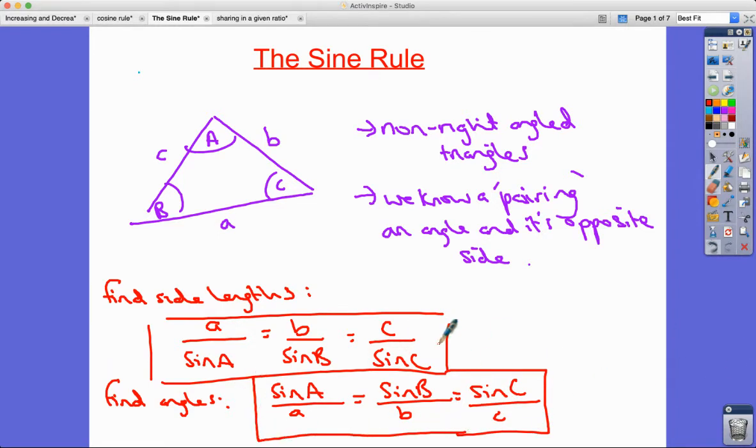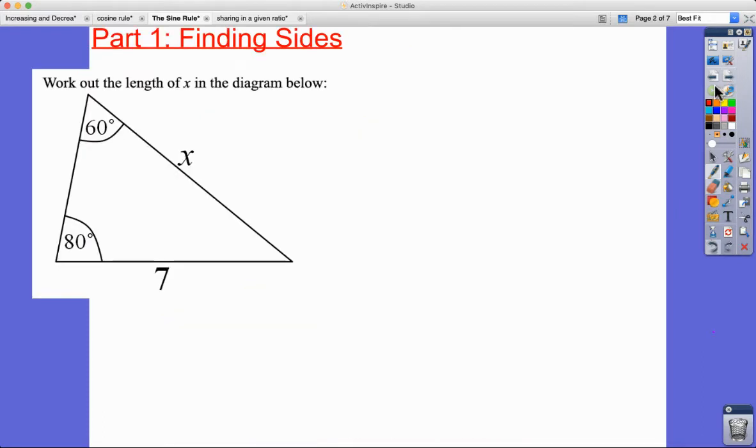Okay, so let's see it in action then. Here is a non-right angle triangle. We know a pairing, we know 60 degrees, and we know 7 for its side length. I'm going to label these as b, the small b, and this can be side length a that I'm trying to find in my question, length of x, and angle A. Let's put those into the sine rule.